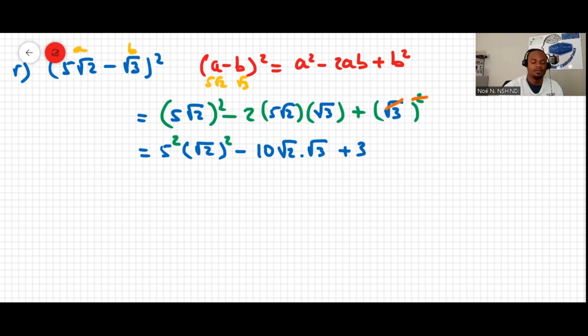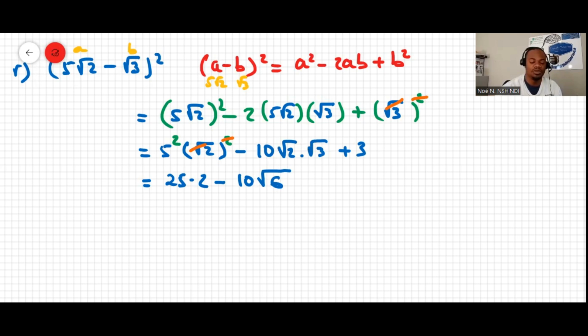Then 5 squared is 25, and then root 2 and the power of 2 cancel out, and then we have 25 times 2, minus 10 roots 2 times root 3 can be combined and makes root 6, because the indices are the same, they're both square roots.